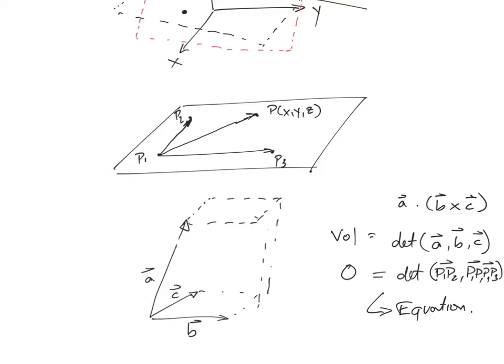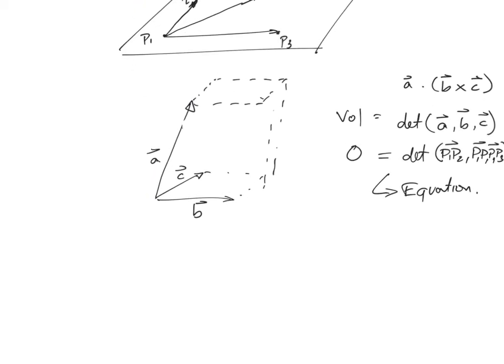Okay? So we're going to do it a little bit differently. Let me go back here. We're still going to make use of this triple scalar product, where we're looking for the determinant of P1P, P1P2, P1P3.